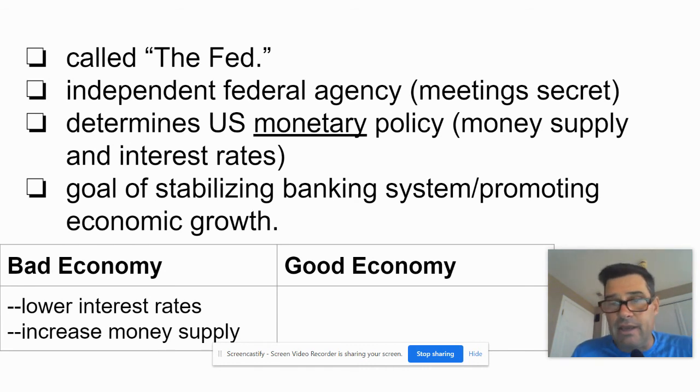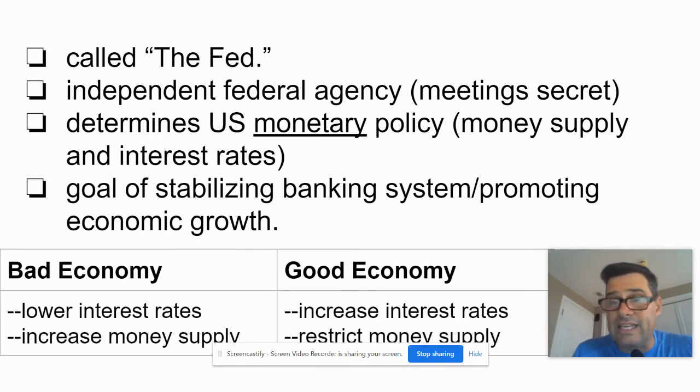In a good economy, especially if it's getting really fast, they're going to do the exact opposite. They're going to probably slowly increase the interest rates to make sure that the economy is not revving up so fast that it could crash. Remember, the faster prices rise, the more likely everybody just stops buying that good. So they want to keep that tamped down a little bit.